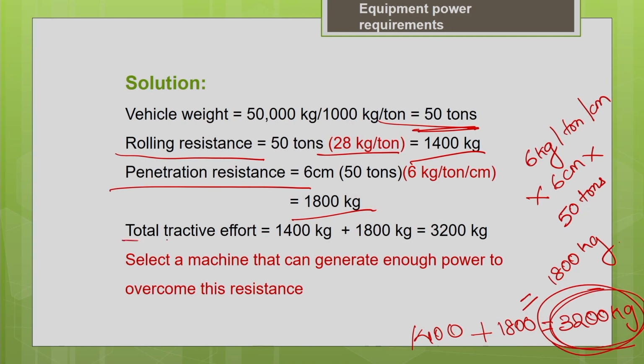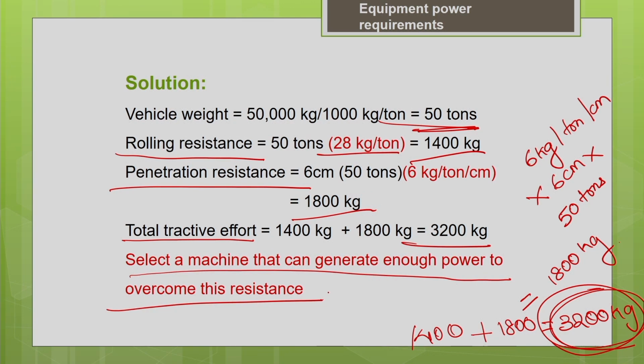So, the total tractive effort needed to overcome this resistance is 3200 kg. So, select the machine accordingly. That is the purpose of estimating all these resistances, so that we can know the required power for your machine. Select a machine that can generate enough power to overcome this resistance.